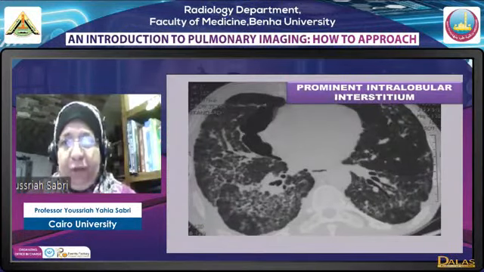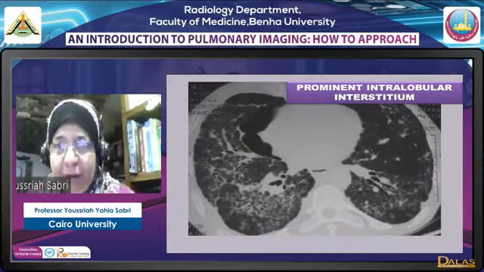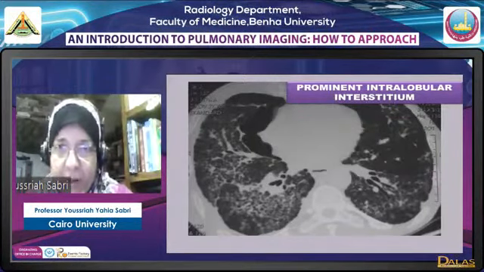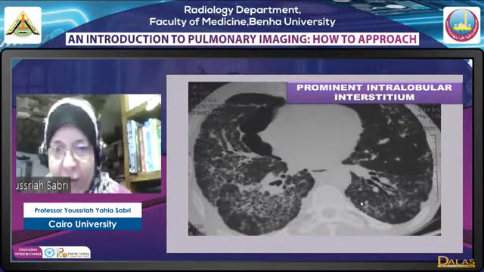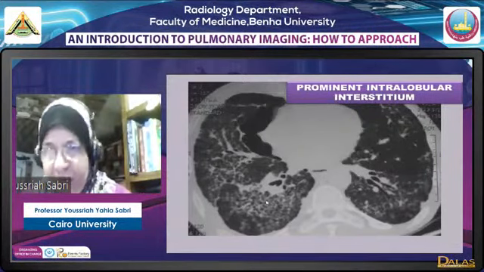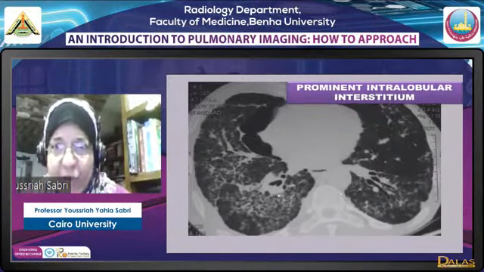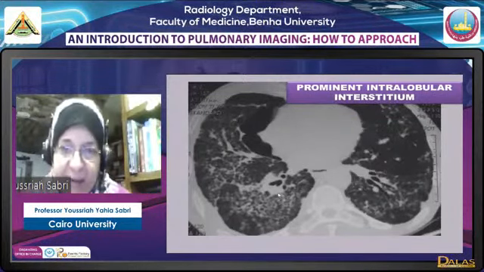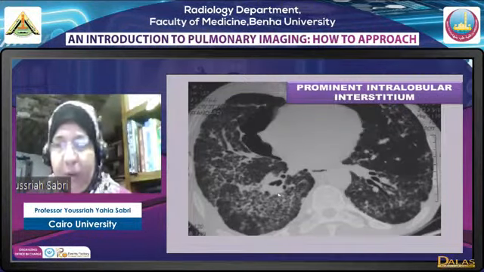Now, shifting from the prominent interlobular to the prominent intralobular interstitium. What we see here, you can describe as reticulation. This is prominent intralobular interstitium, and it is only seen in interstitial fibrosis, what we call actually in radiology and pathology interstitial pneumonia.